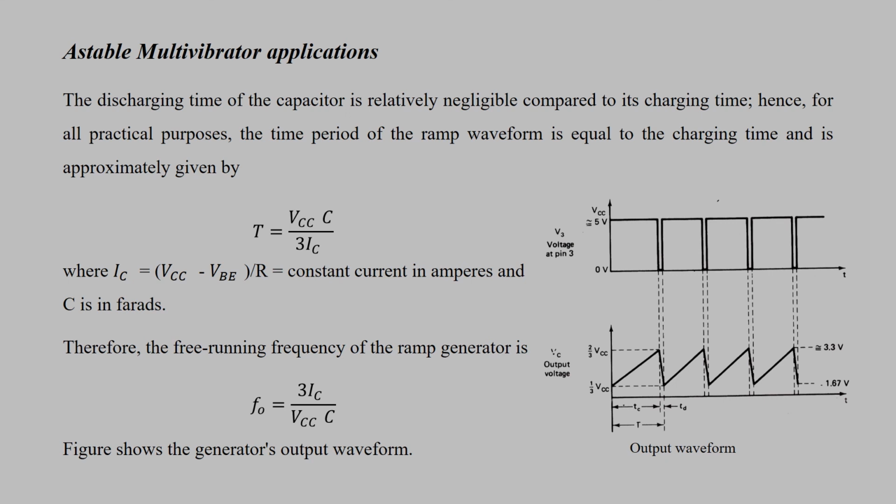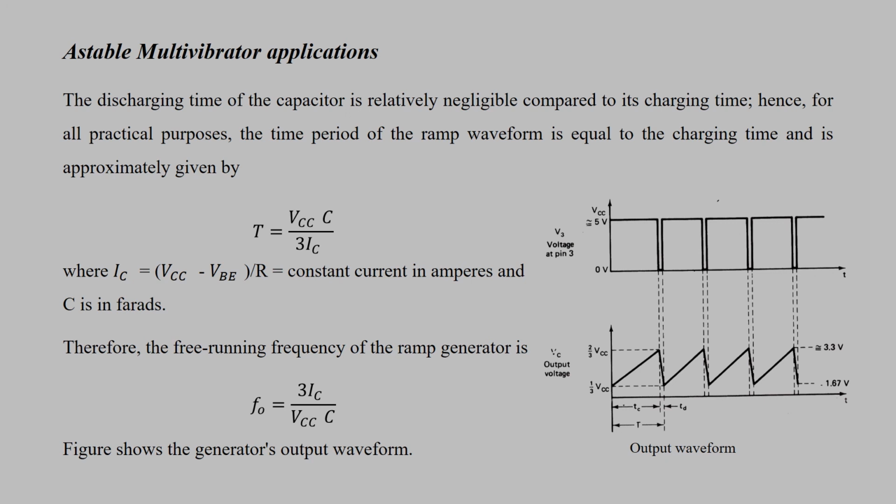Hence, for all practical purposes, the time period of the ramp wave is equal to the charging time and is approximately T = VCC C / (3 IC), where IC is the constant current in amperes, which is equal to (VCC - VBE)/R, where VBE is the base to emitter voltage of the transistor.